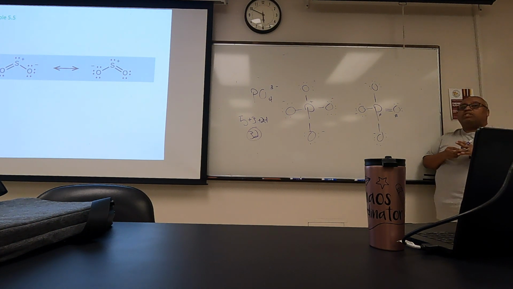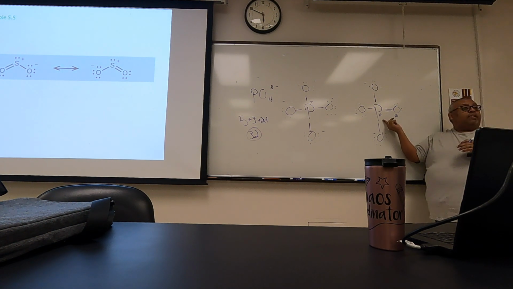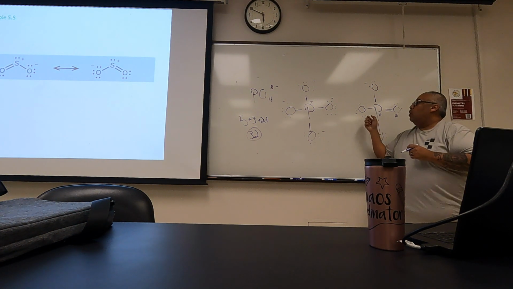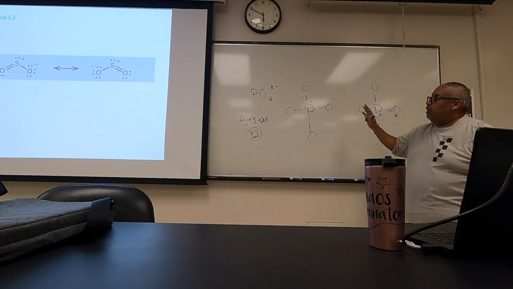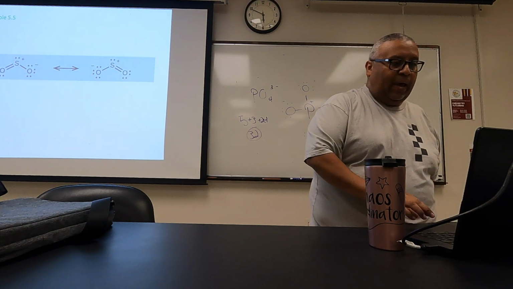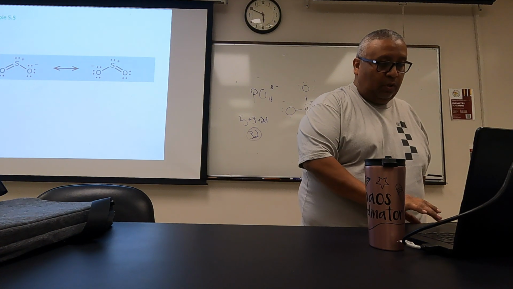Right? Which one is more stable? Option number 2. Option number 2 is a little bit more stable, right? Because we got 2 of these atoms or elements here to have 0 formal charge. But again, these are what we consider to be resonance structures, right? They both contain the same number of atoms and the same overall charge.